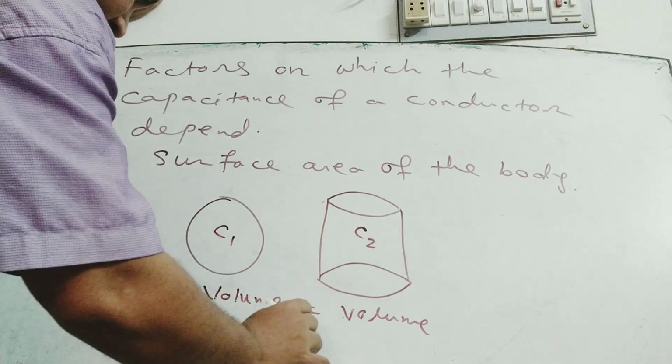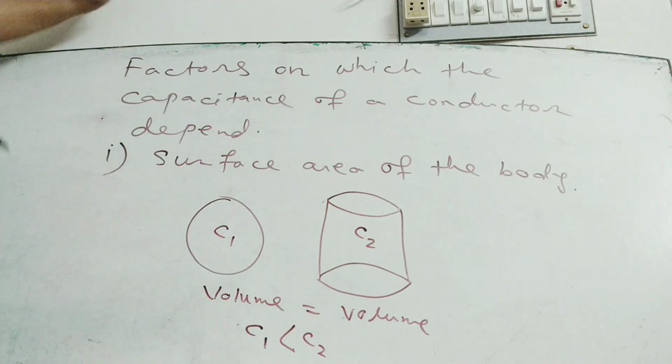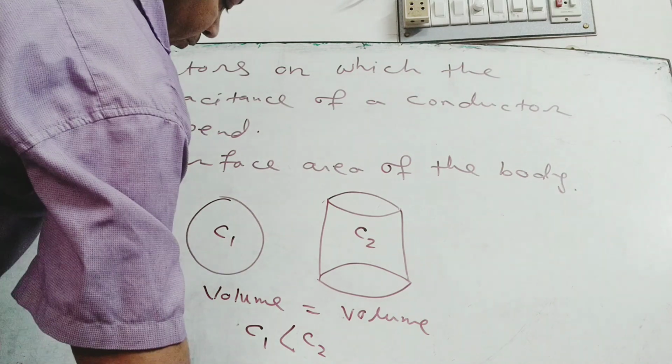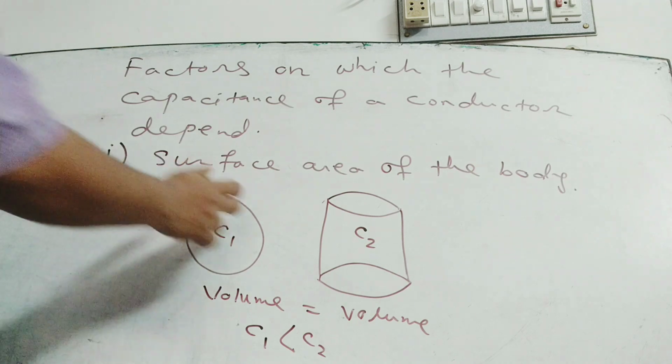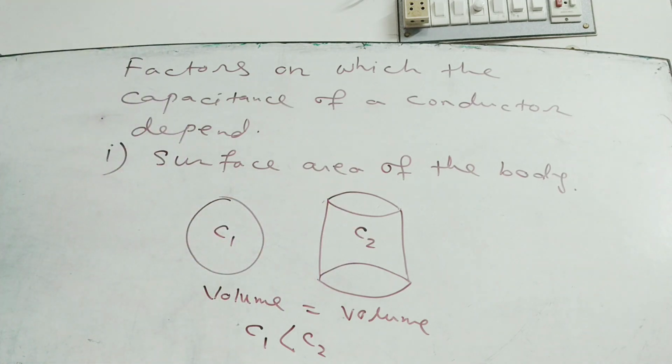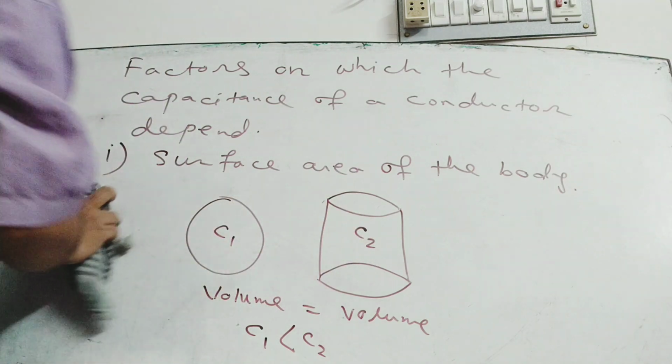Now C1 is less than C2, when the two bodies are hollow inside.